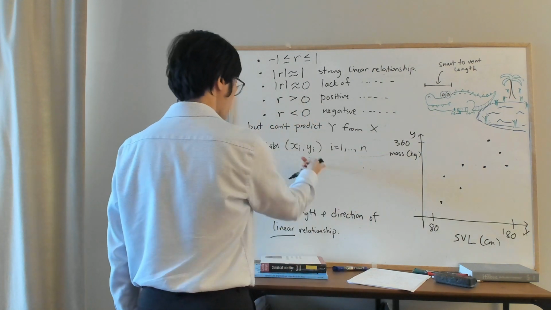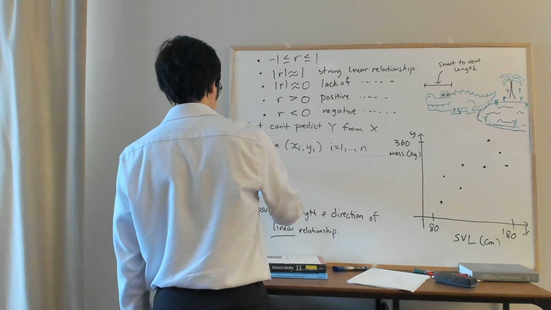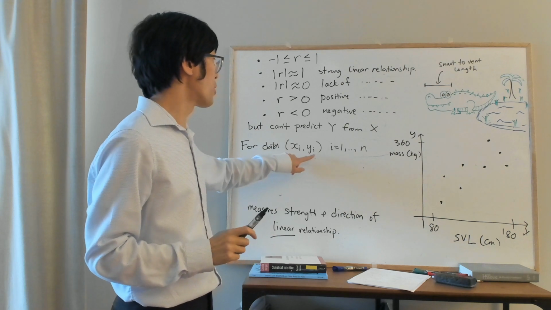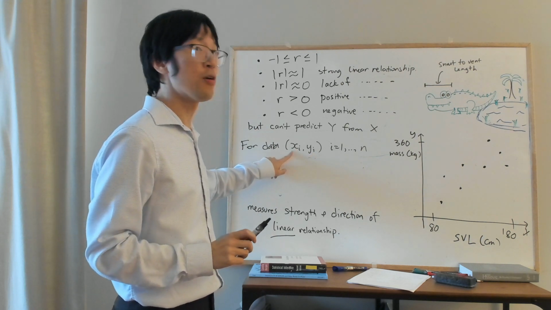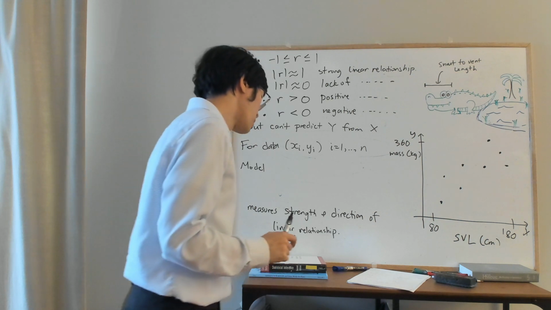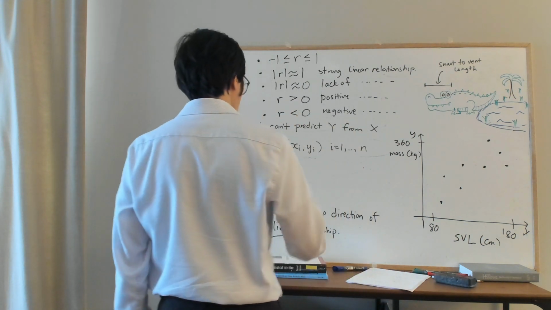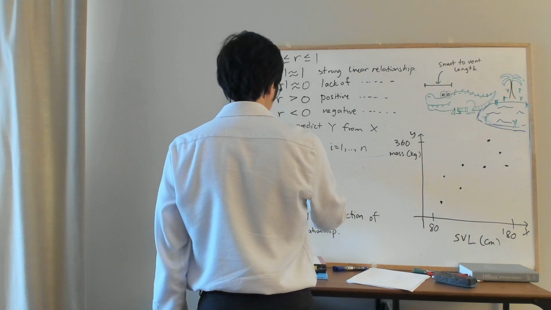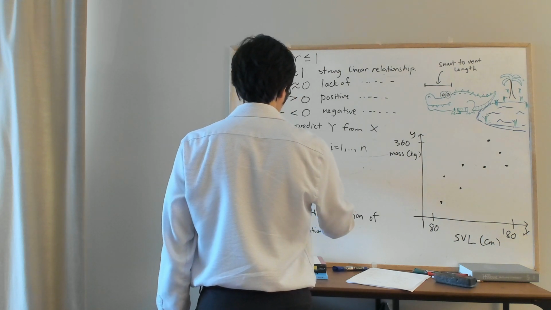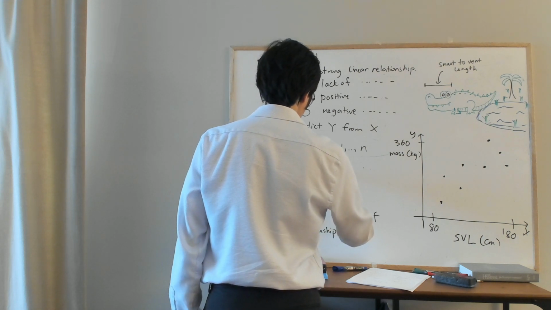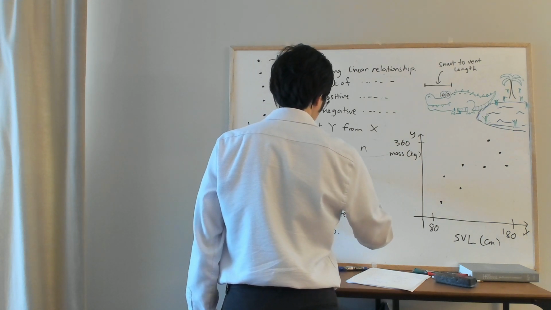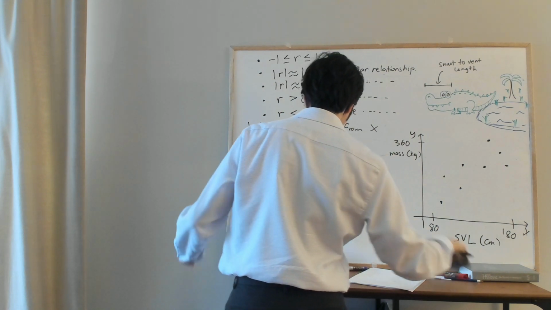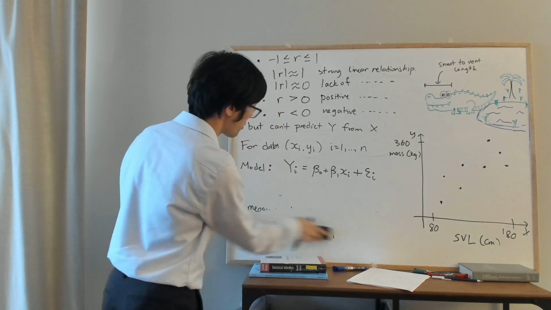The model for these data points would be to take that line, and then build a model that relates each yi to its corresponding xi. So we write it as follows: yi equals beta 0 plus beta 1 xi plus epsilon i.